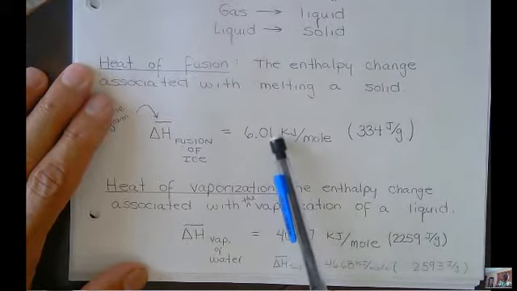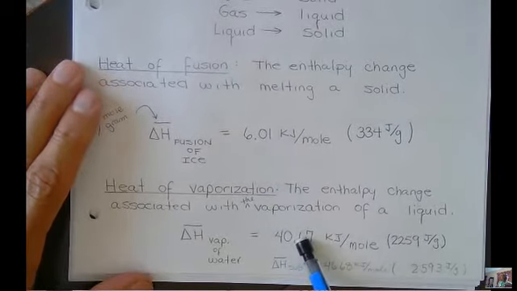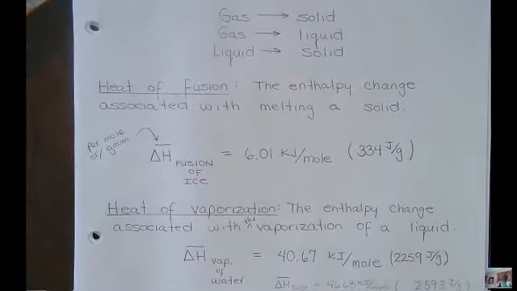40.67. So look, this number is only 6, and this is 40, right? So that's a lot higher. So let's just see, I'll put the digits in too, 40.67 divided by 6.01, okay?